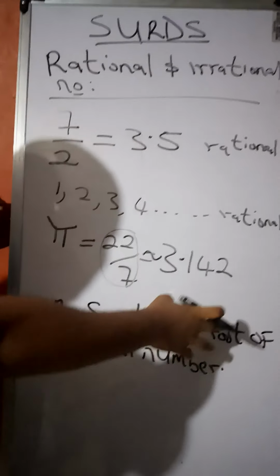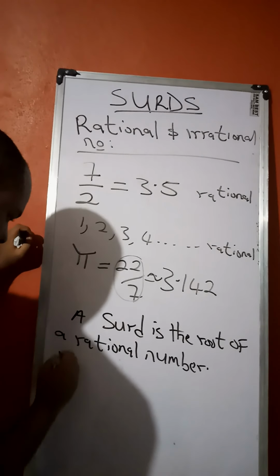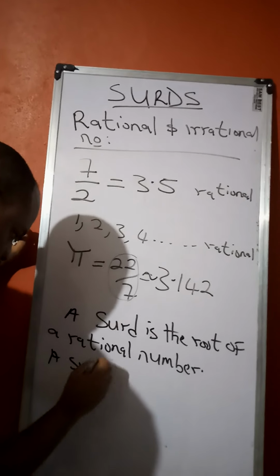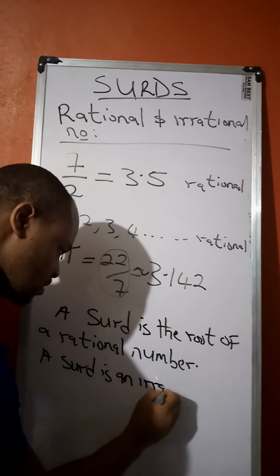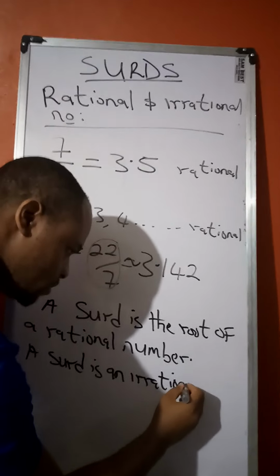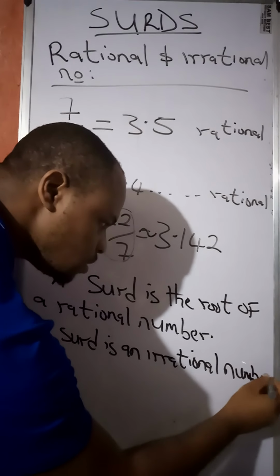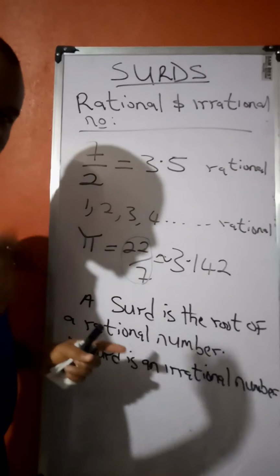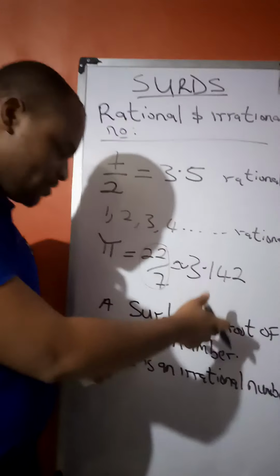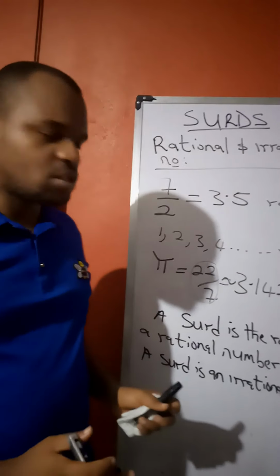It is the root of a rational number, but a surd in itself is irrational. A surd is an irrational number. A surd is the root of a rational number, but if you determine the root of that rational number, it's going to give you an irrational number. That is what a surd is.